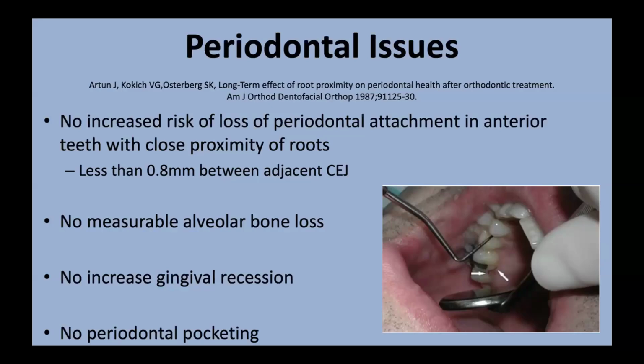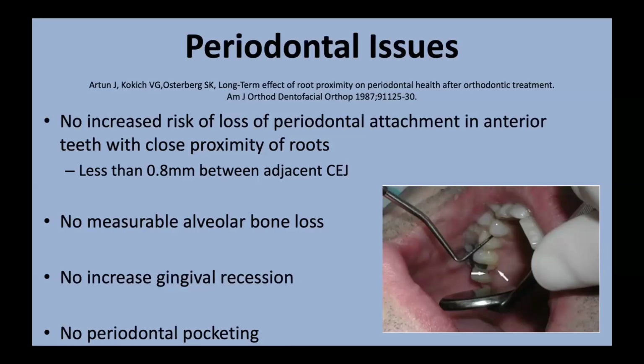And they found, this is Arkton, Kokich, and Osterberg, they found that there were no negative effects here. We found that there was no increased risk of periodontal attachment loss, even when we brought those roots closer together. As long as those roots don't touch or you have some trauma from those roots, everything stays perfectly fine and healthy as long as we have proper home care.